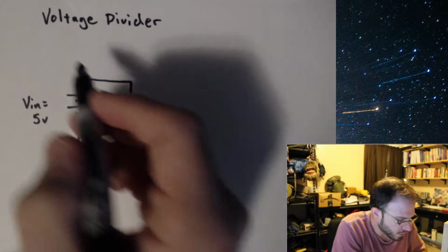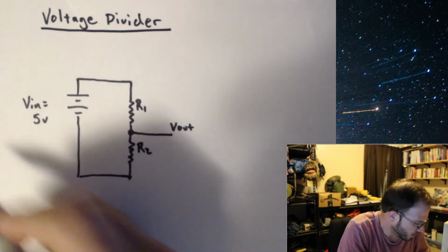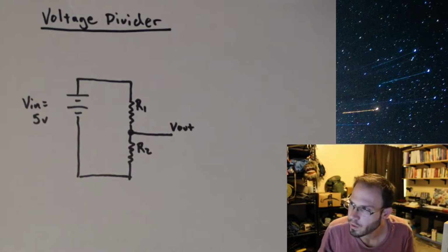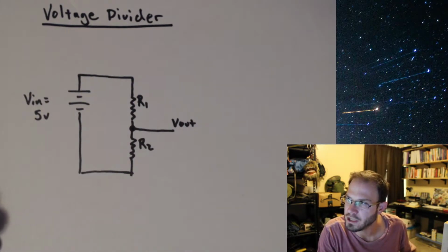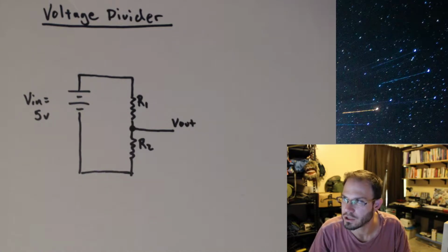Now, voltage divider, the primary reason that we would use this circuit element is that we have one voltage and we want a different voltage on the output.